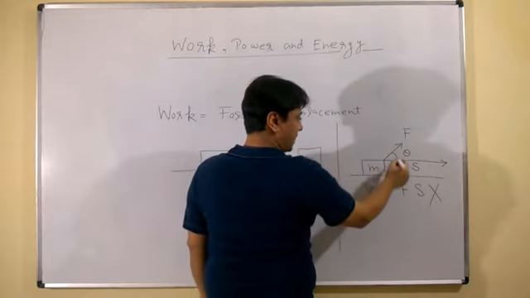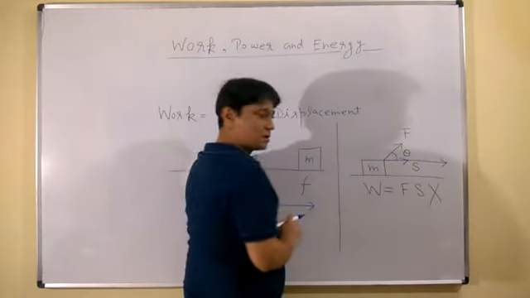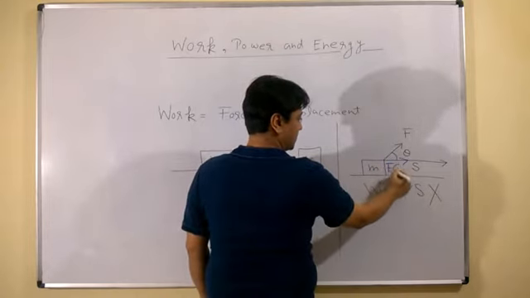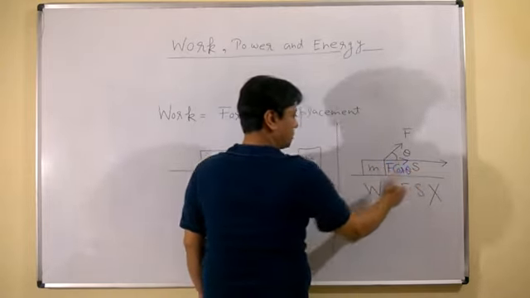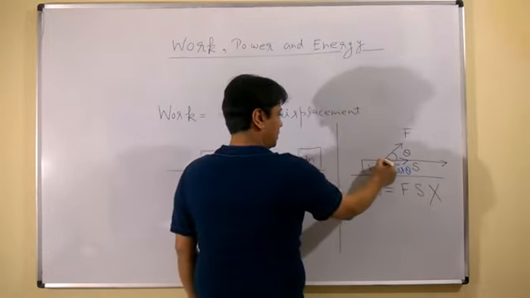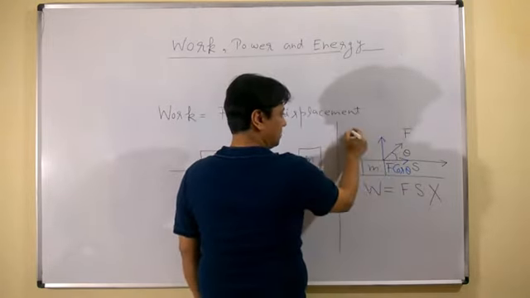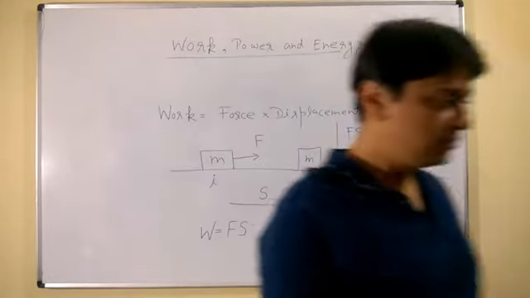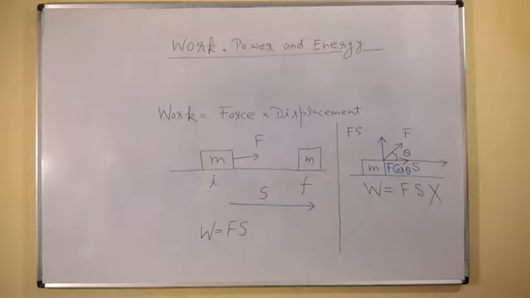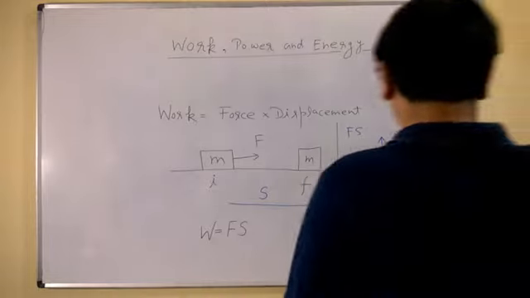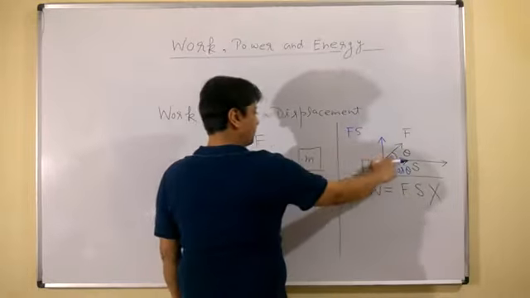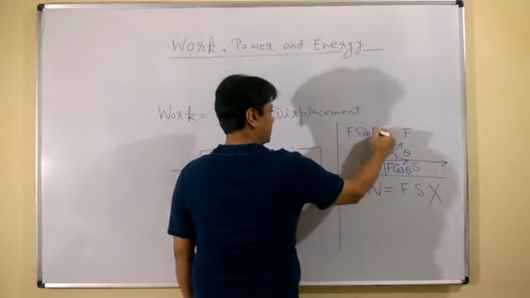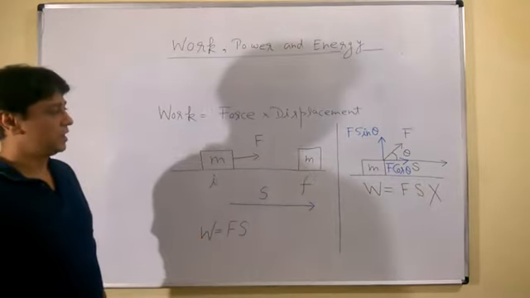then you can see that this component in the direction of displacement is F cos theta, whereas this component is F sin theta. This component is F cos theta and this component is F sin theta.